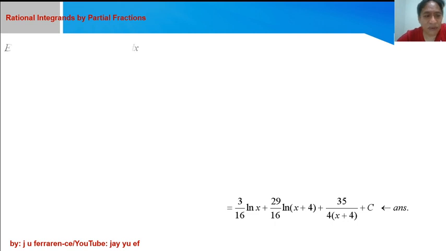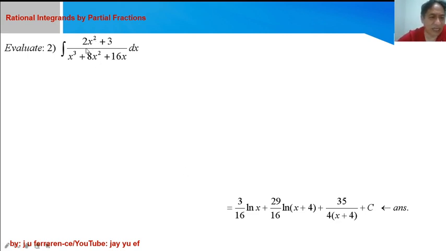Now, let's try another example. So, we will be looking at another nature of factors in the denominator. Always check if the ratio is proper. This is in a degree of 2, this is in a degree of 3, so meaning I can proceed with reducing my given into its partial fractions.